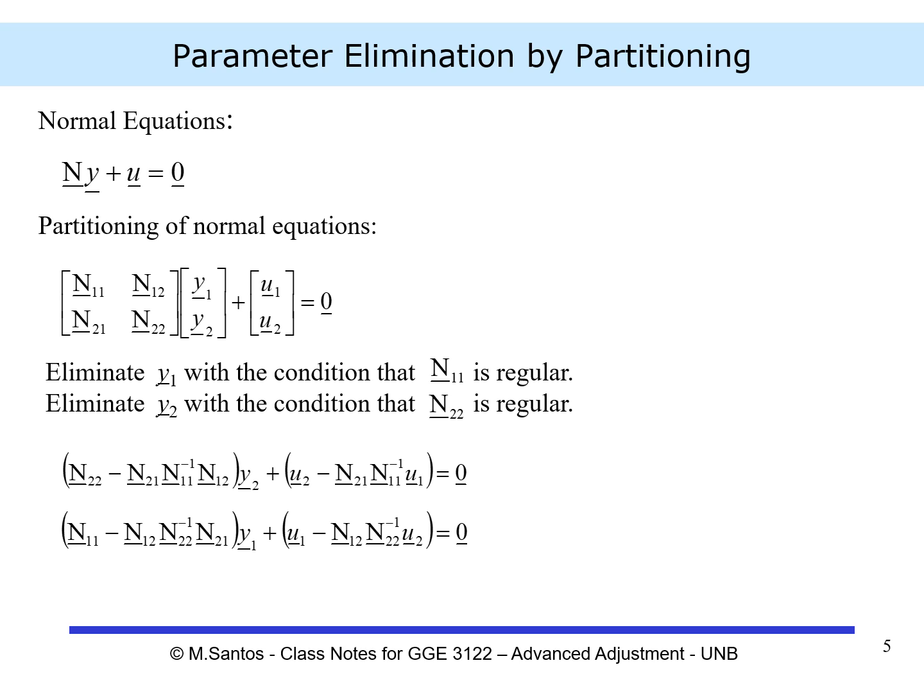In other words, we would obtain a solution that would depend on y2 only, or we would be eliminating y2, obtaining then a solution that would depend on y1 only.